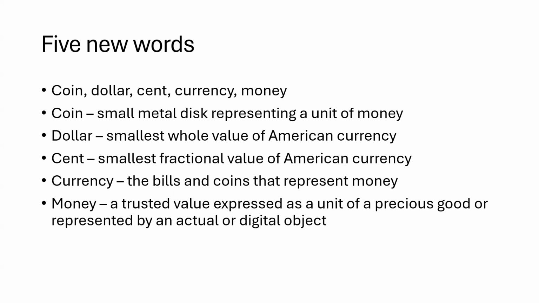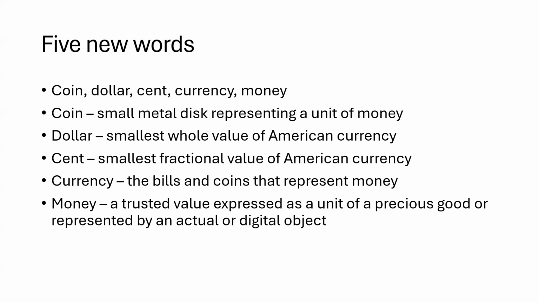Now, in other cultures in ancient times, they used other methods to represent coins. It could have been a precious object of some type, but usually it was a metal disc representing a unit of money. A dollar, the American dollar, is the smallest whole value of American currency. And a cent is the smallest fractional value of the American currency.